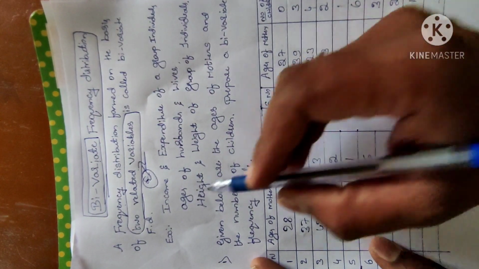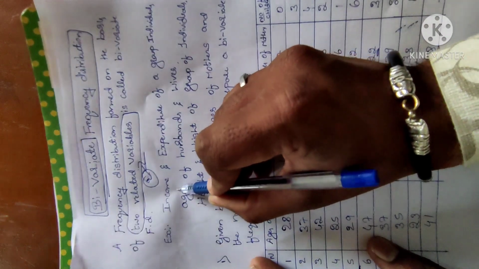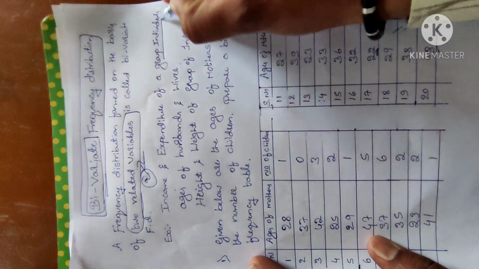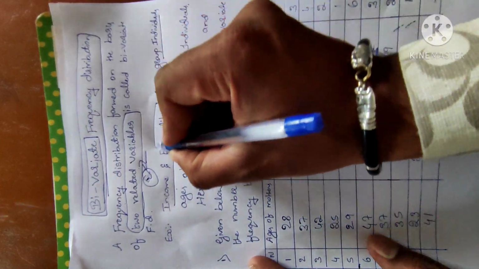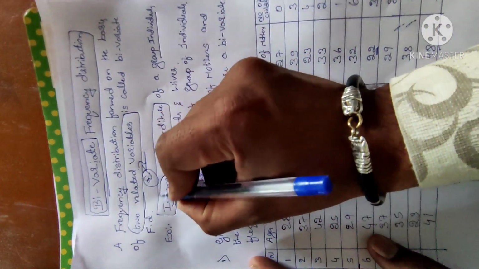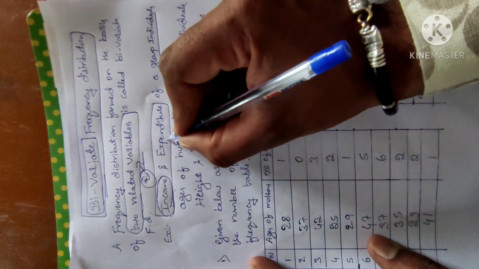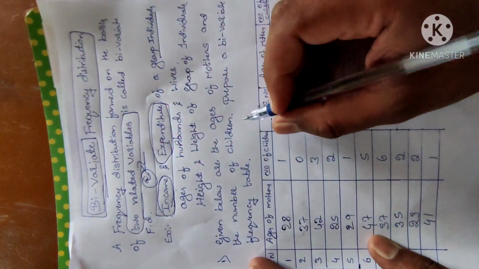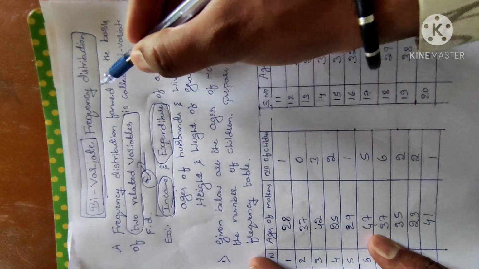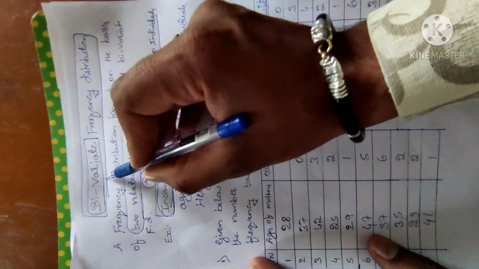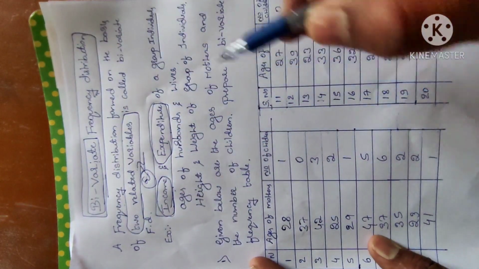Take an example: income and expenditure of a group of individuals. We are giving importance to two variables: one is income and the second is expenditure. When we give importance to two variables, that type of frequency distribution is called a bivariate frequency distribution.